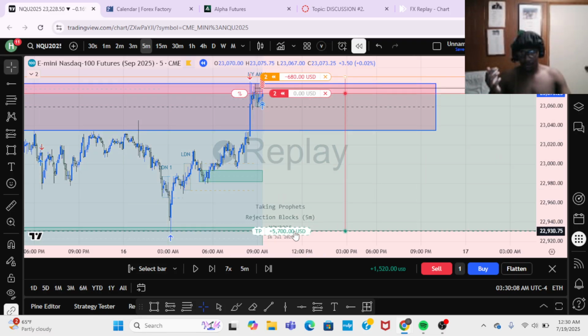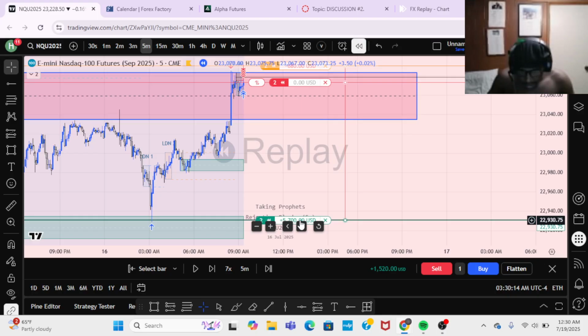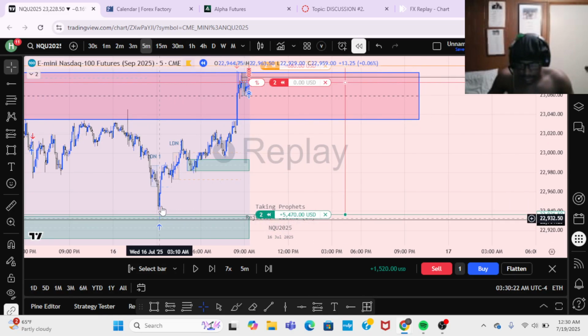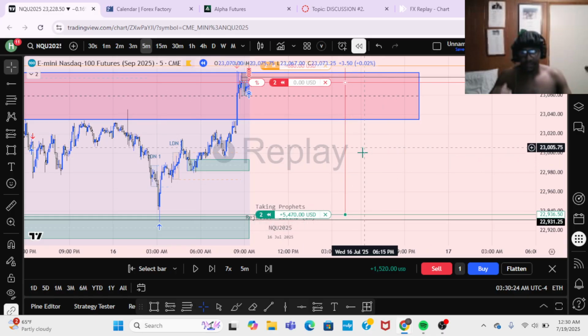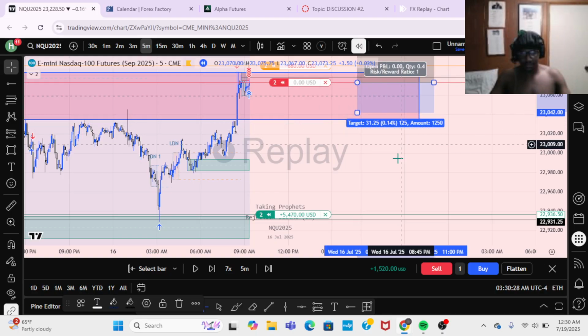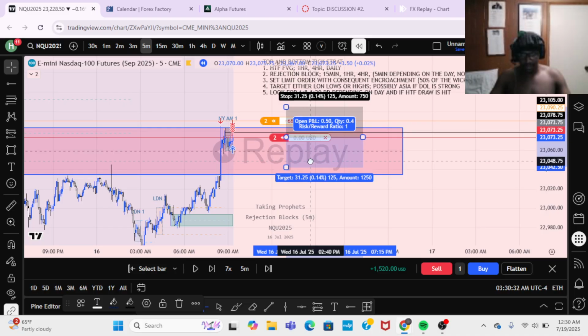Take profit all the way down here. I would set it about 50% of this gap because there is a rejection block down here. So you see how this wick, I would set it about right there. Let's see what this R to R would be if I took this.